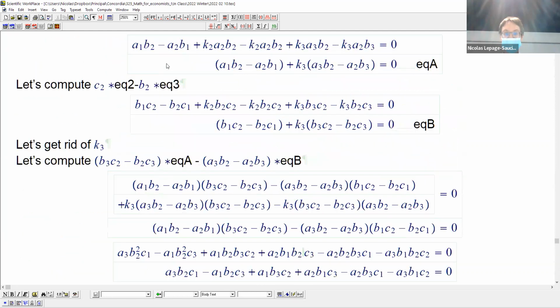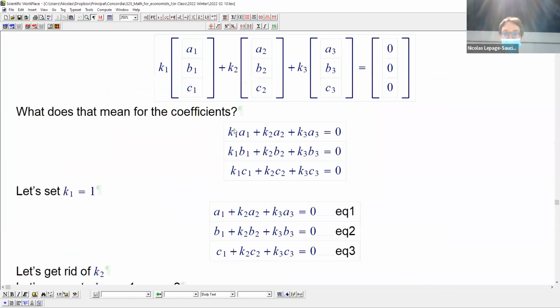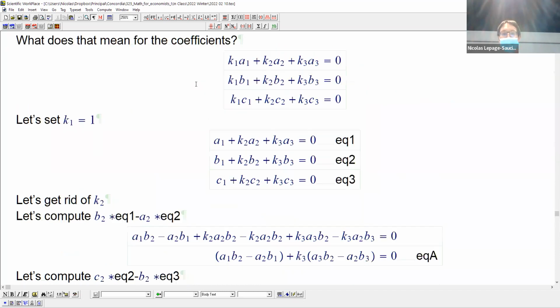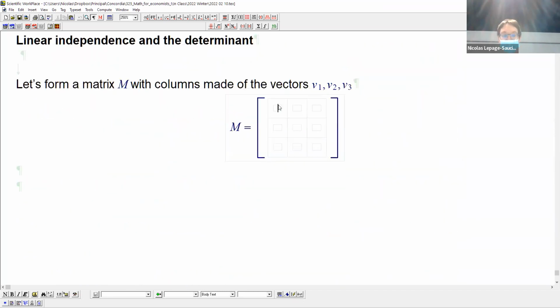So let's put these coefficients in my matrix. So I would have A1, B1, B3, and C1, C2, and C3.